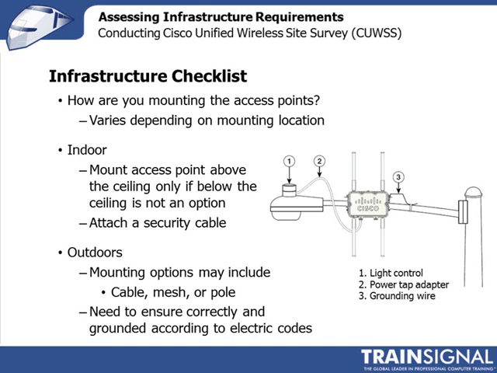Again, there are different types of brackets and connectors that will facilitate those different types of deployment options. Now, if you're deploying the Cisco 1520 802.11n series outdoor access point, this has 3 different configuration options, and you need to think about that prior to the deployment and make sure you're specifying it correctly, and it may change your mounting options.